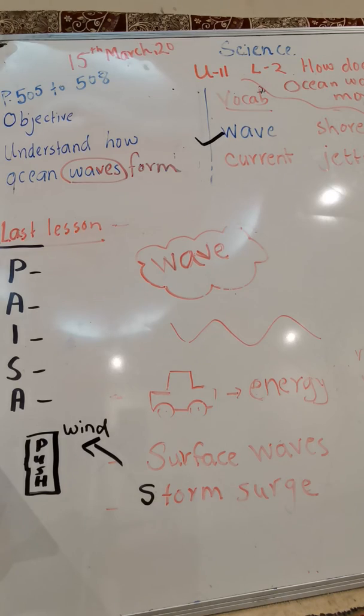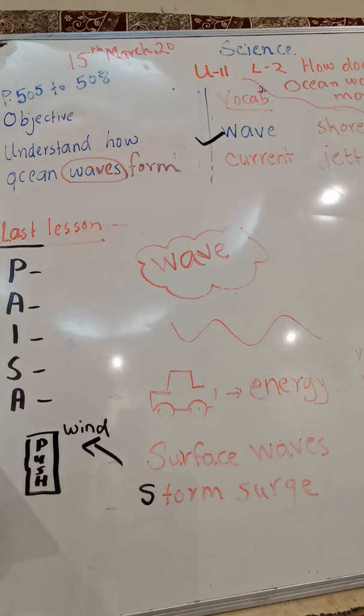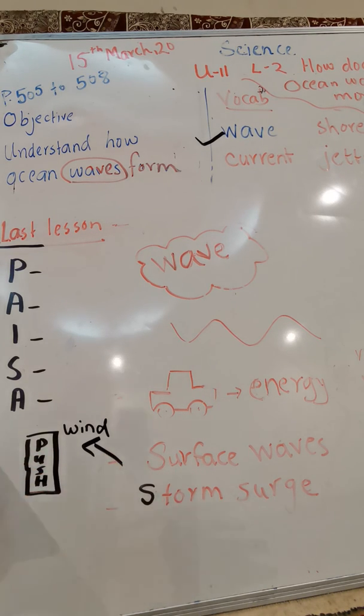Once again, so what is a wave? A wave is an up and down movement. Second thing, it carries energy. It doesn't carry water. It carries energy forward. And we learned about surface waves. How are surface waves caused? Surface waves are caused by the wind pushing against the surface of the water.